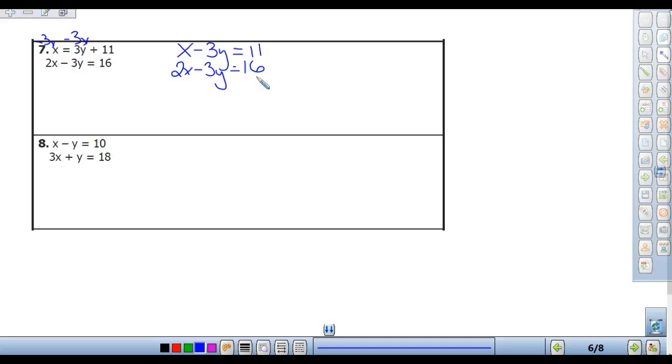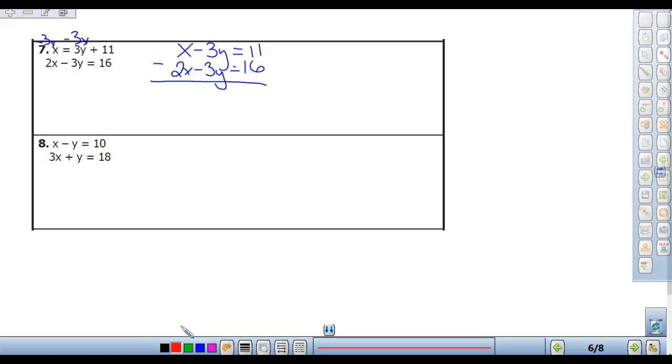Common coefficient? Yep. How am I going to get my y's to cancel? Great, it's subtract. Because if I add them, what's negative 3 plus negative 3? Negative 6. So I will give you this.